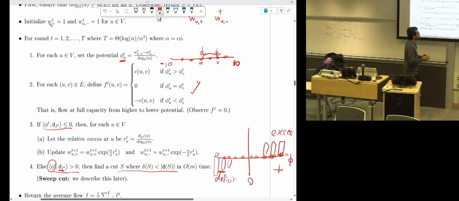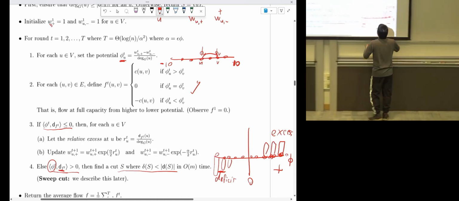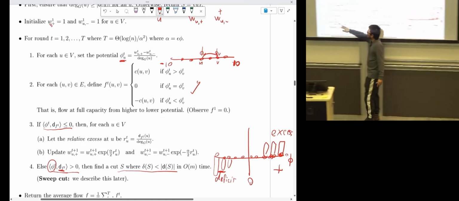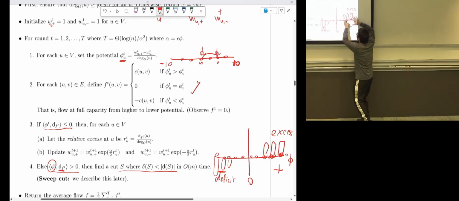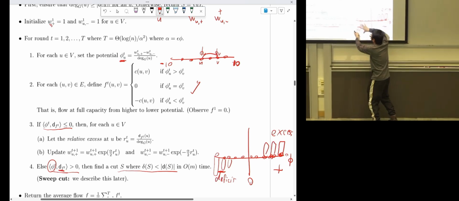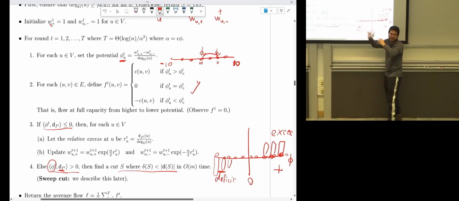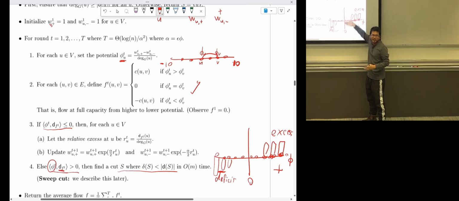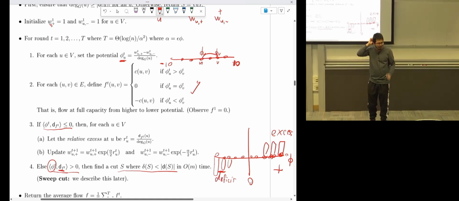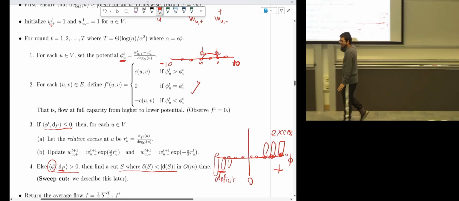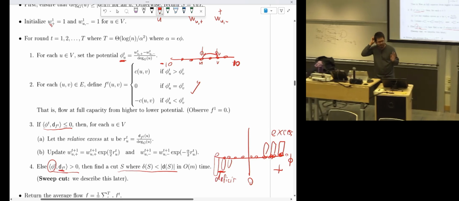So if this is the case, then there is a lot of excess on the same side and a lot of deficit on the same side. So it looks like you can find a cut where a lot of excess needs to be sent. That's why there should be a violating cut. Is it a similar thing to what we did when proving the flow-cut gap? Similar, yes. You're going to see the proof, and it's going to be quite similar.